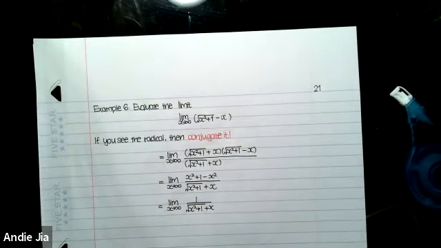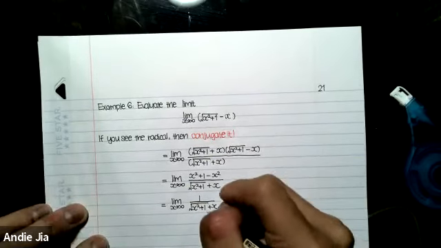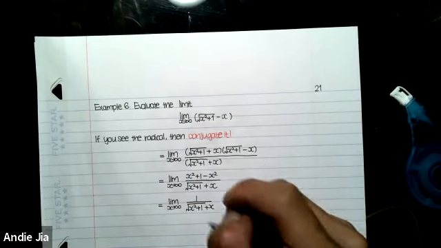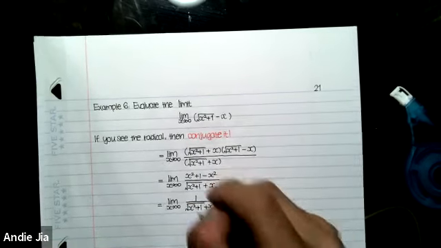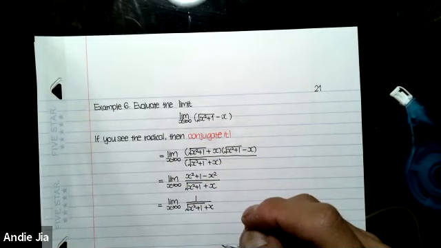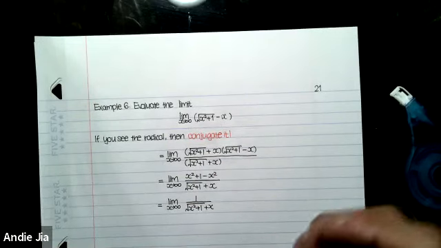It's larger. For this, the denominator of this last expression becomes larger than x as x approaches infinity, so the limit is a 0.